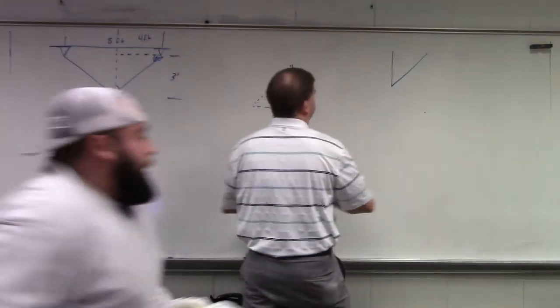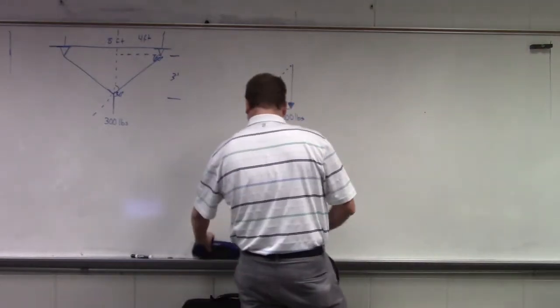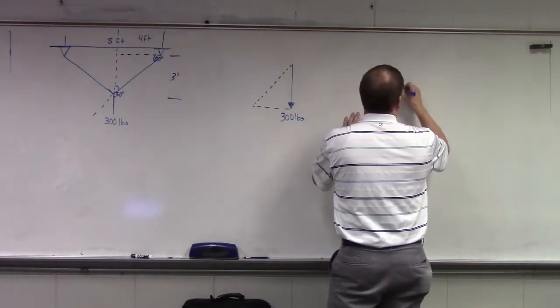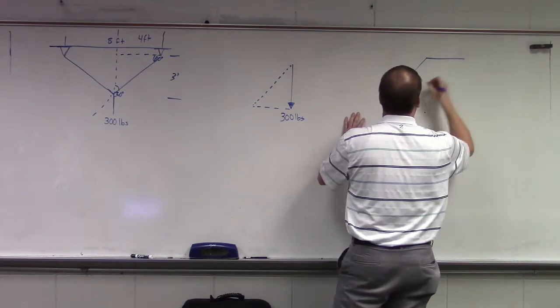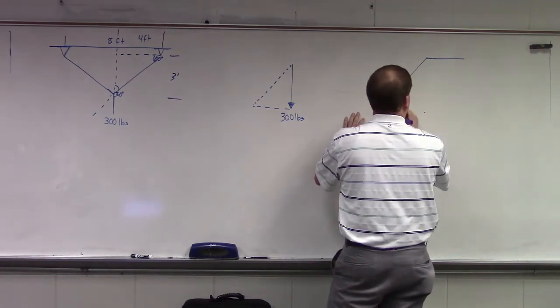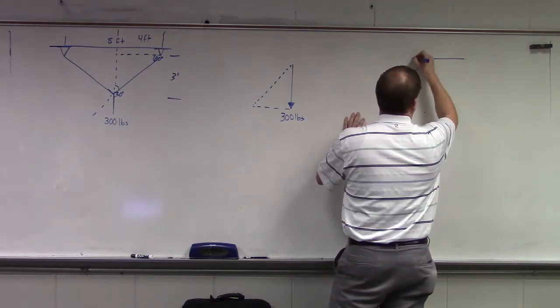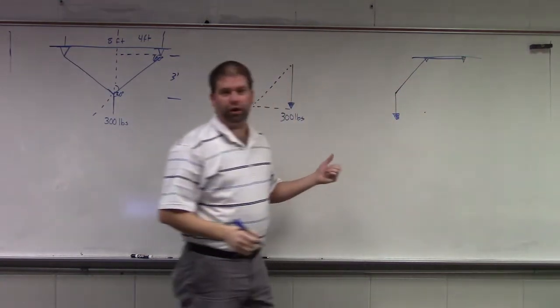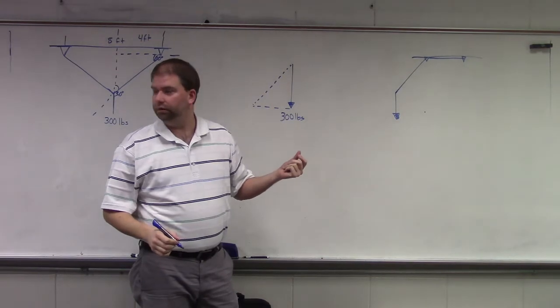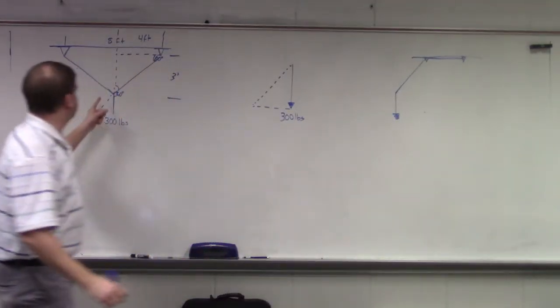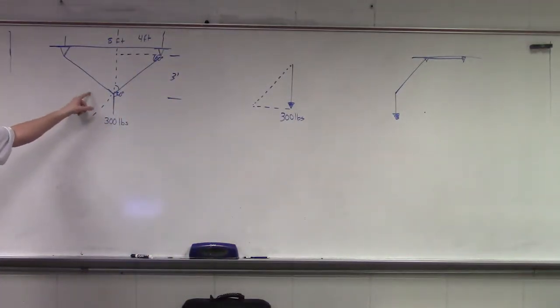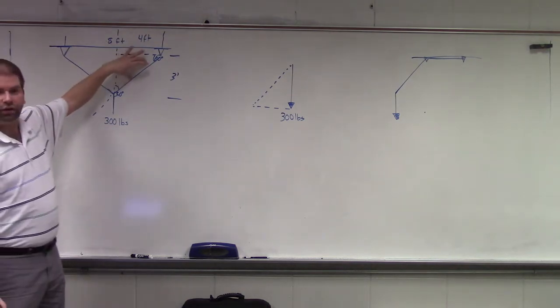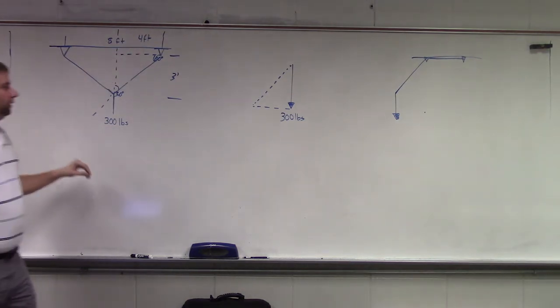Nope, it wouldn't work for that either. It would work if this was what our support system looked like. But because we have this setup, our polygon has to represent what these forces look like.